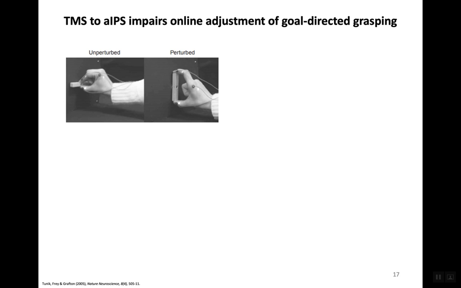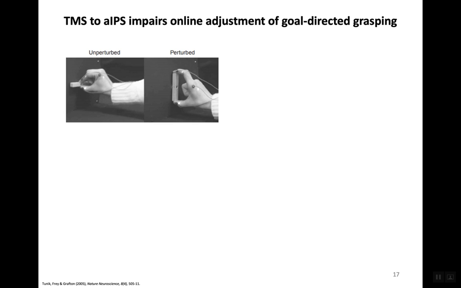However, in one particular study, the authors included a rather clever manipulation, and that is they presented a stimulus, a simple object, that preserved its orientation or changed its orientation between the time the human participant, this time, initiated the movement, and the time in which the object was reached and grasped.